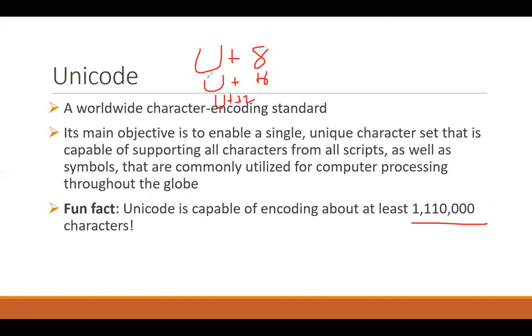So this is how we write a code point in Unicode. But UTF-8, UTF-16 and UTF-32 are just versions of Unicode. UTF-32 just means that you're using 32-bit Unicode and your coding space increases.